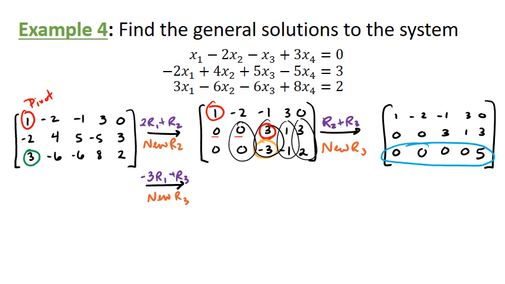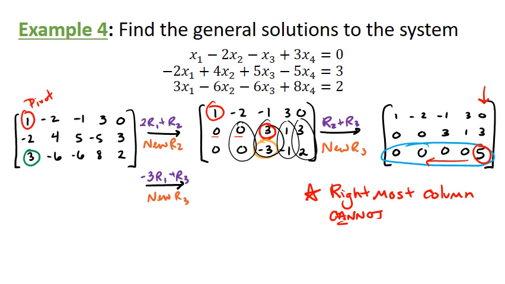Another way you can think of this is that the rightmost column has a pivot in it. If this is a pivot, that means everything to the left of that is 0. If the rightmost column has a pivot, there is a problem. It cannot happen. The rightmost column cannot be a pivot.